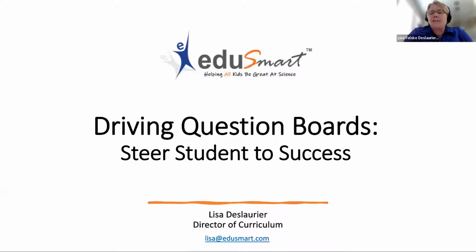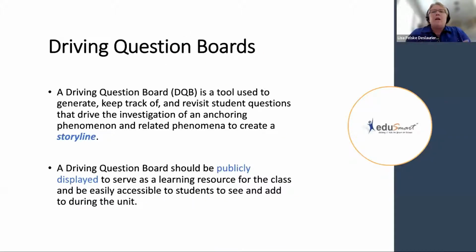What we're going to talk about today are driving question boards. Driving question boards are a strategy used when you teach with a storyline. A driving question board is a way for students to generate, keep track of, and revisit questions that drive the main investigation you're planning for your unit.